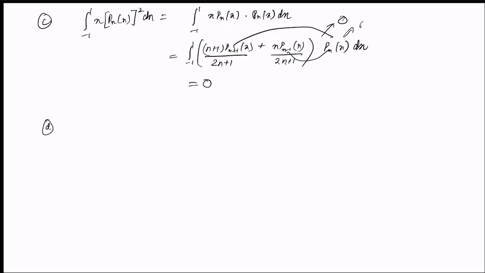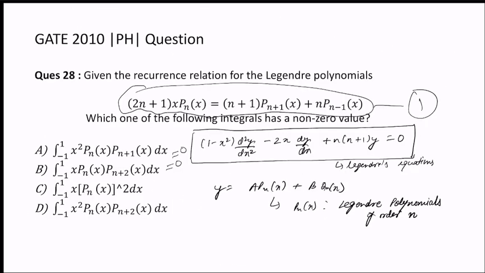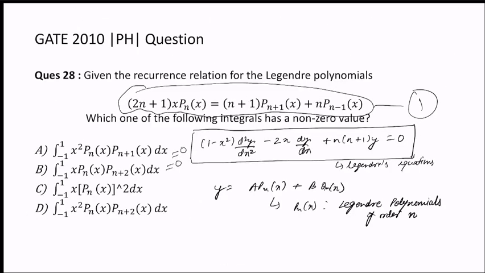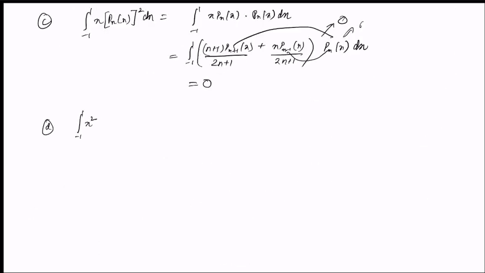Now let's look at the next option. It is the integral from minus 1 to 1 of x square Pn(x) Pn plus 2(x) dx.